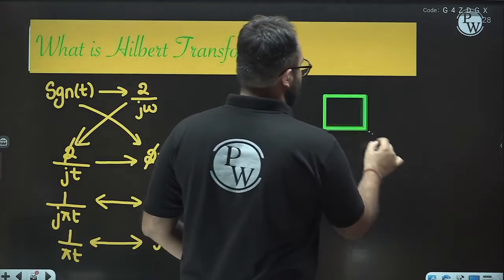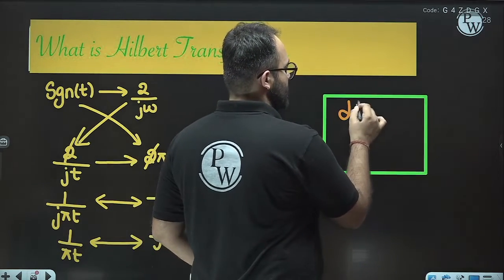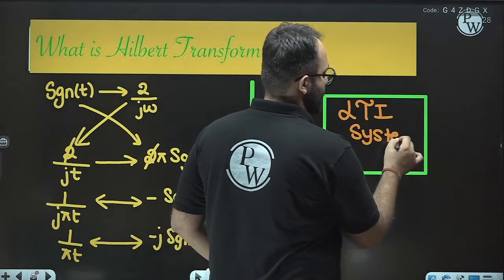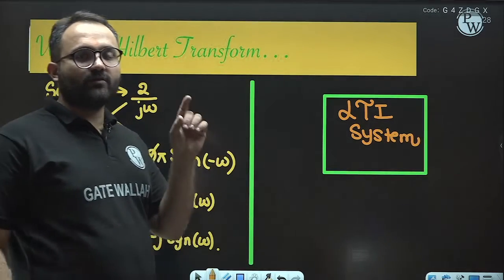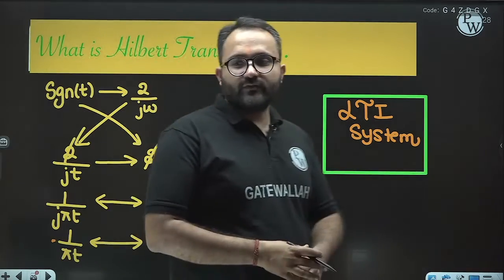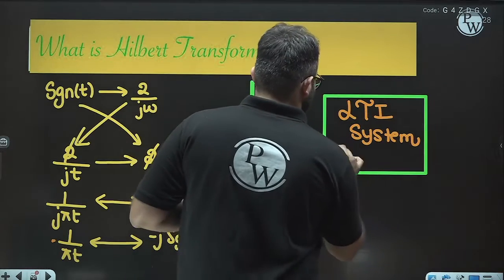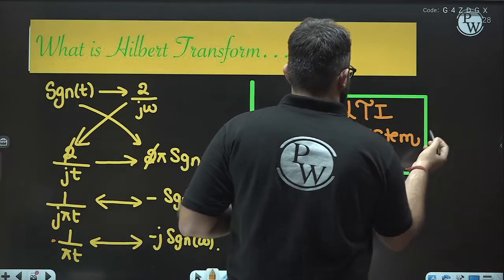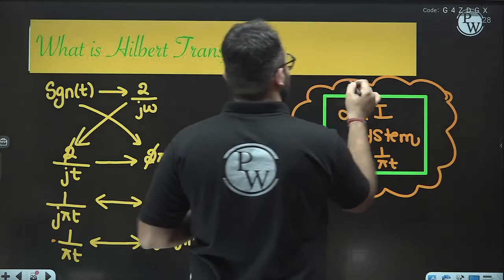So if we have an LTI system with impulse response equal to 1 upon pi t, then this system is called a Hilbert transformer or Hilbert transform.